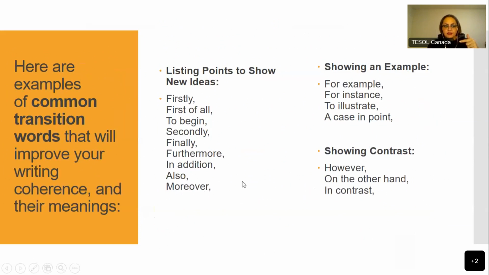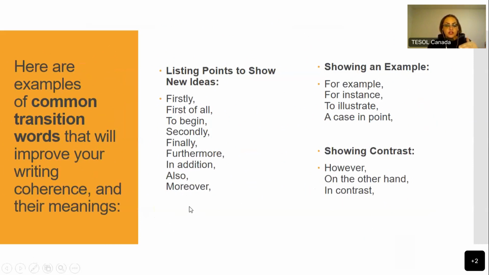Here are examples of common transition words to improve coherence, like firstly, first of all, for example, for instance. However, when you want to show contrast: however, on the other hand, in contrast. When you want to mention new ideas, you can say in addition, furthermore, moreover.